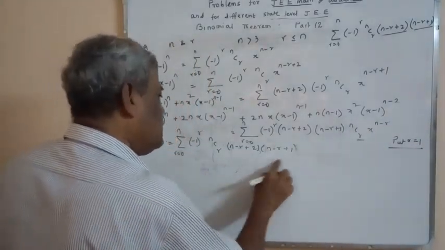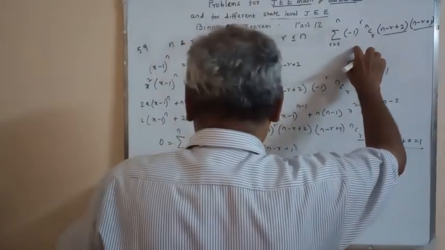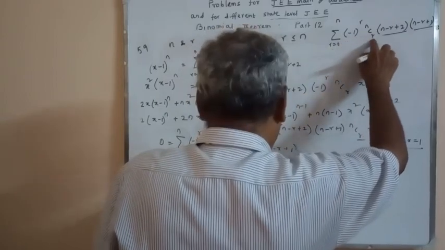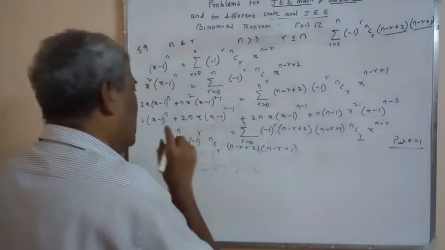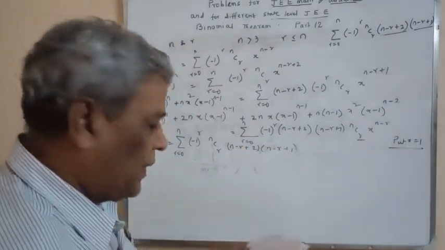So we get this equal to 0. Minus sigma minus 1 to the power r nCr, so its value is equal to 0. That completes the problem.